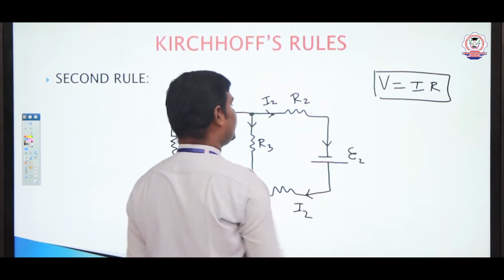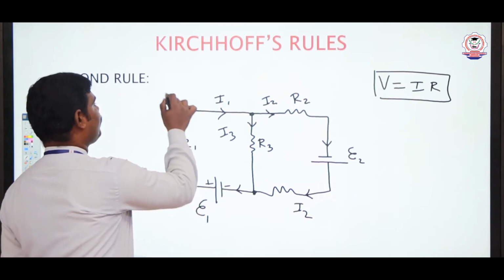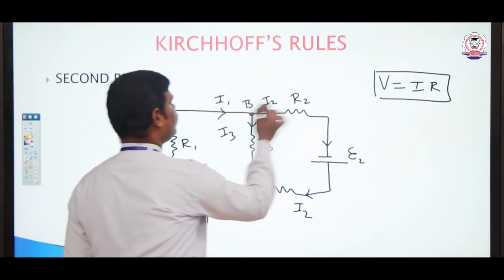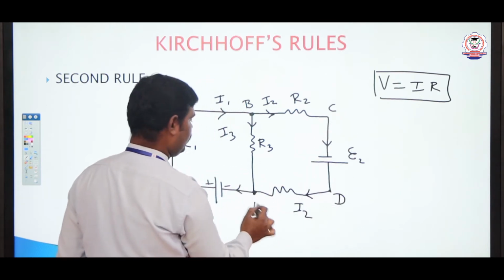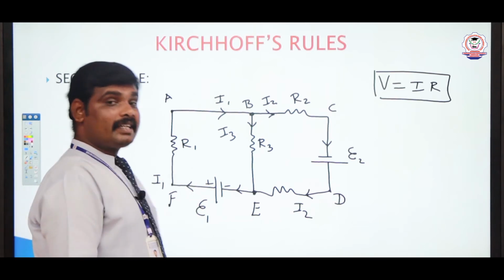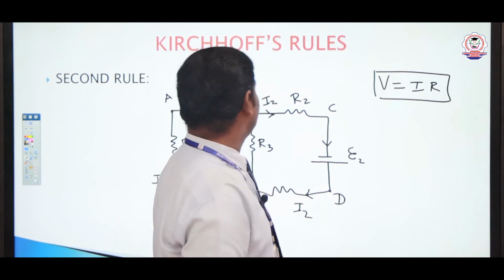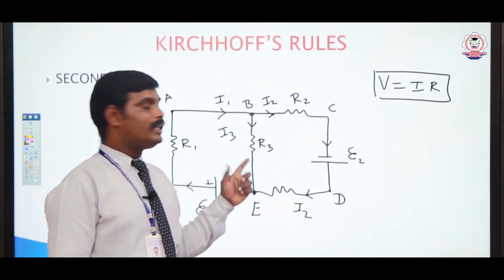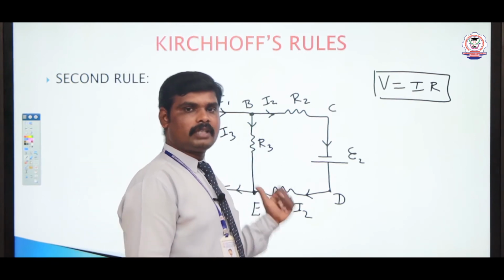This is the second EMF. Here I take the points A, B, C, D, E, F. For the Kirchhoff second rule, the very important condition is that we need one closed circuit.